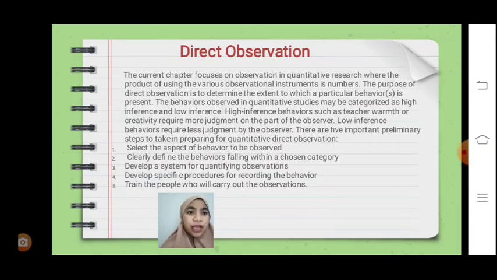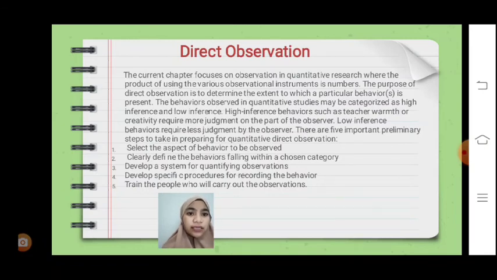High inference behaviors, such as teacher warmth or creativity, require more judgment on the part of the observer. Low inference behaviors require less judgment by the observer. There are five important preliminary steps to take in preparing for quantitative research observation. 1. Decide the aspect of behavior to be observed. 2.